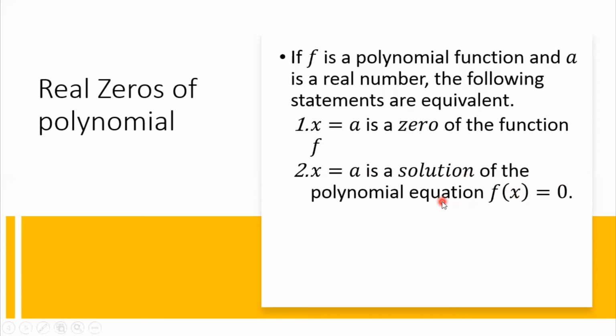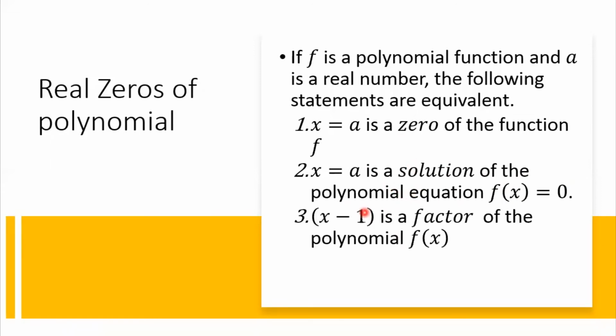So if we are asked to find the solutions of the polynomial function, all we have to do is equate the function to 0, then solve for x. The values of x are the solutions or the zeros of the function.